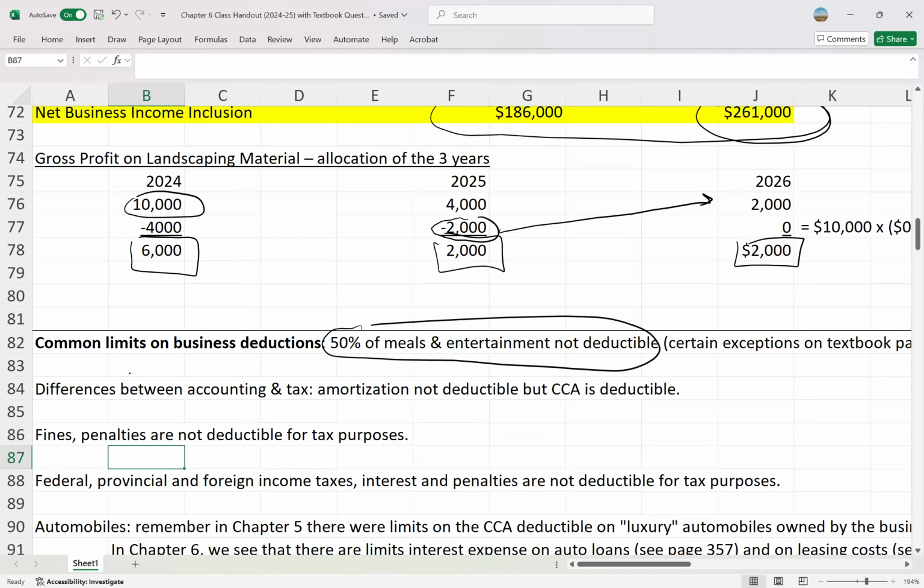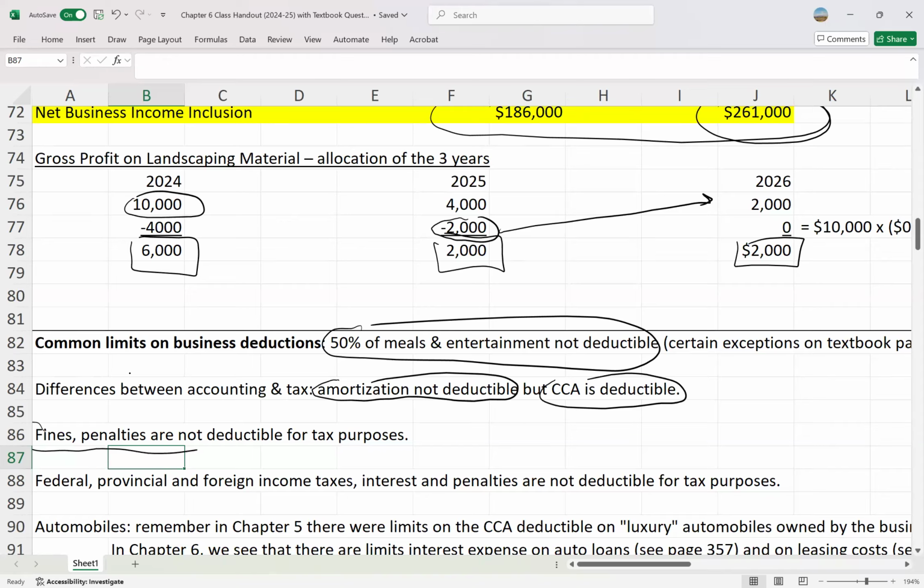For tax purposes, you only get to deduct 50%. I think many of you are aware of that. Another difference between tax and accounting is amortization and CCA, what we did in chapter 5 before the reading break. We cannot deduct accounting amortization for tax purposes, but we get to deduct CCA, and we'll see that later on in today's class as well.